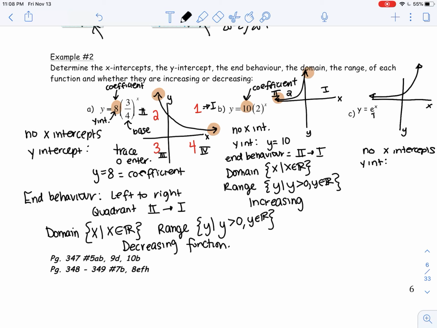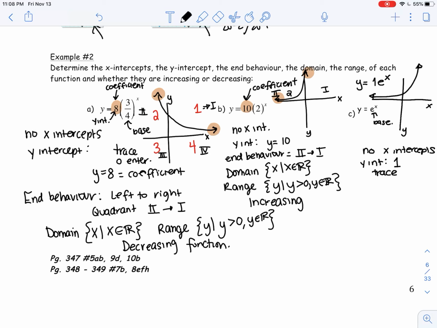But the coefficient, if you don't see any, because this e is actually your base, if there is no coefficient, it's 1. This is what it really is if you don't see a value in front of it. So if you have e to the power of x, your base is e, the value in front of it is 1, even if you don't see it. So your y-intercept is 1 in this case.